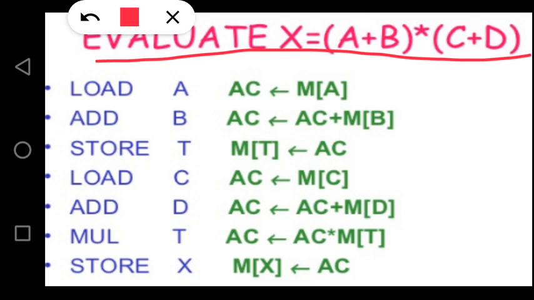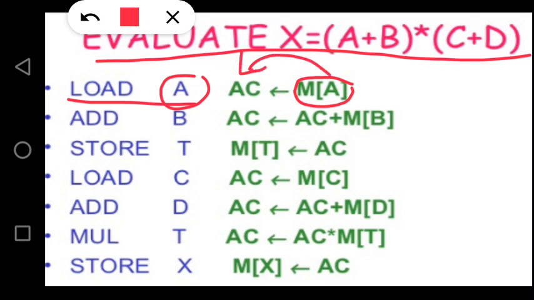First you understand the instruction: x is equal to a plus b multiplied by c plus d. So first you should say load a, load accumulator. That means go to memory location a and store the value in AC.